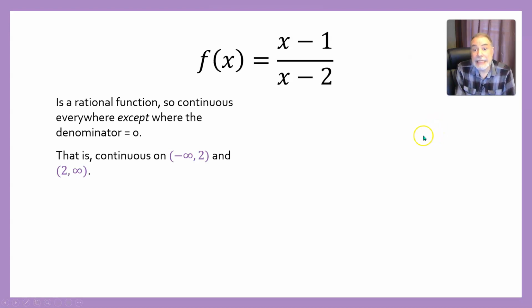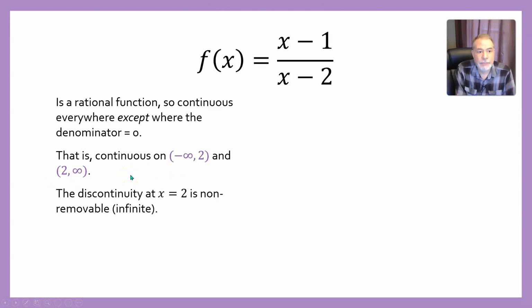So where it is continuous would be the interval from negative infinity to 2, not including 2, and the interval from 2 to infinity, again, not including 2. That is, it's continuous everywhere except 2. And that discontinuity at 2 is non-removable. It's an infinite discontinuity.